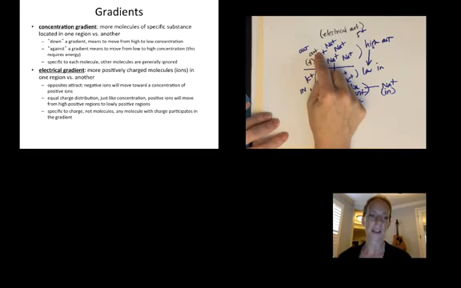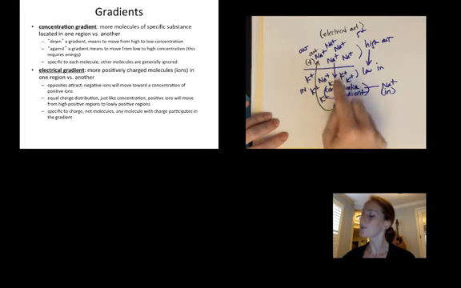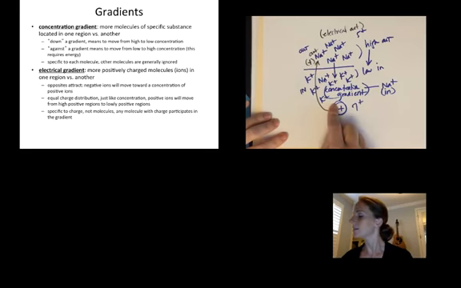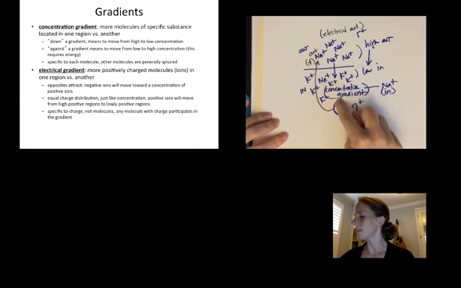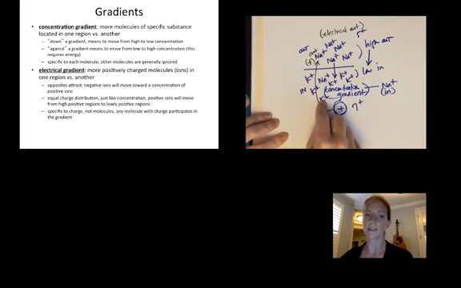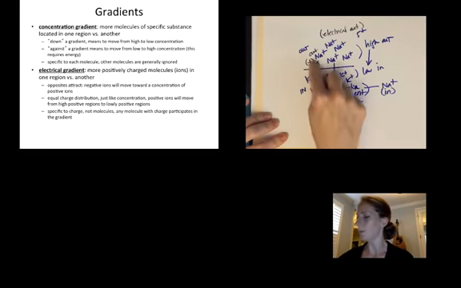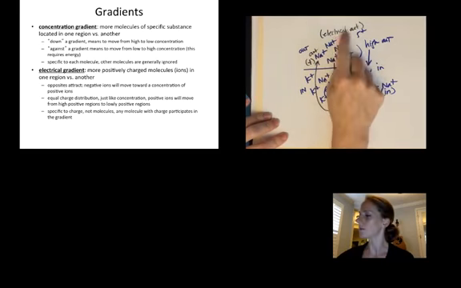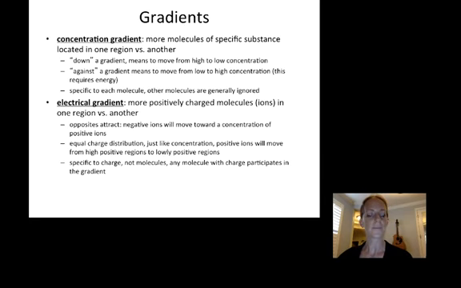What's the electrical gradient for potassium? The electrical gradient for potassium is also for potassium to leave the cell, because potassium is a positive ion. If we count out the positives again, lots of positives inside, potassium will want to leave the cell due to the electrical out.